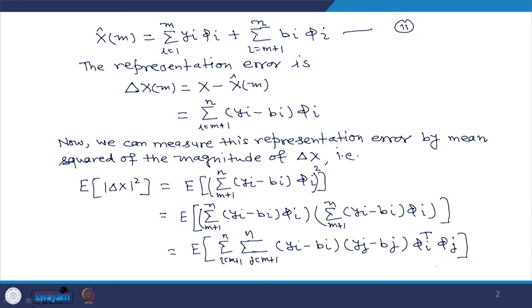So, when i is not equal to j, the dot product of these two basis elements is 0. Otherwise, if i equals j, it becomes 1. In that way, we can write the mean square representation error as the sum from i equals m plus 1 to n of the expectation of (y_i minus b_i) squared.